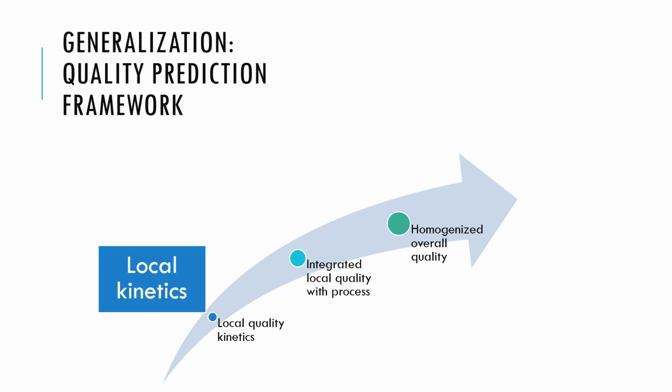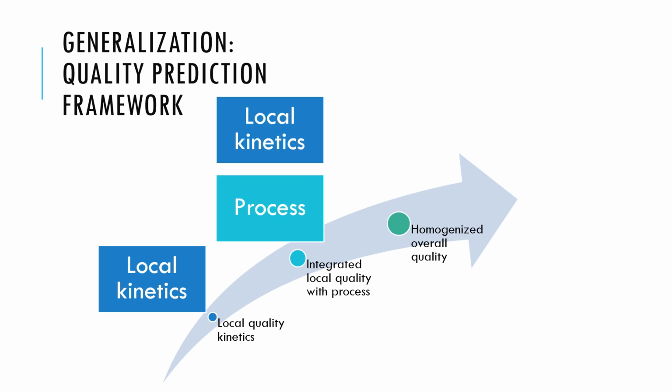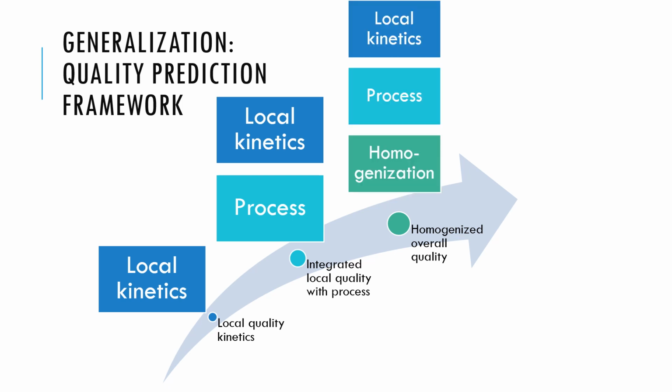Instead of local kinetics, we have the relationship between moisture level and modulus, and then I combine that with process, and then I average it, which in the case of solid mechanics we call homogenization. So this is kind of the same framework that we already use for color.